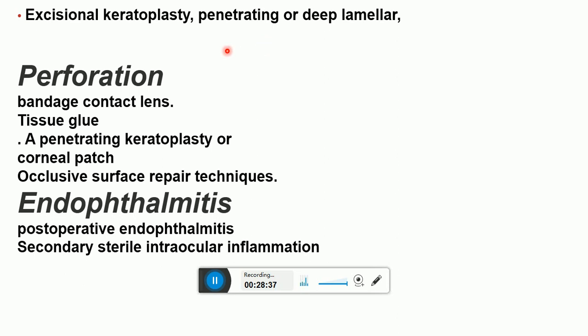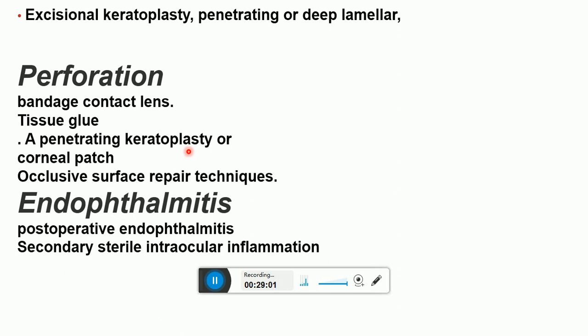For perforation, a small perforation in which infection is controlled may be managed by a bandage contact lens. Tissue glue is often adequate for slightly larger dehiscence. Penetrating keratoplasty or corneal patch graft may be necessary for larger perforations, or in those where infection is extensive or inadequately controlled.